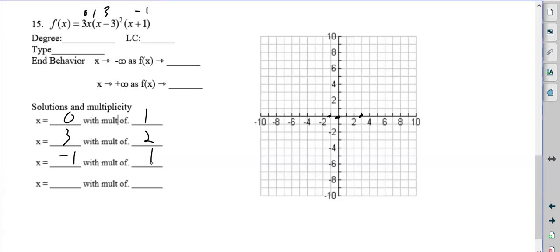We have the degree of 1x, 2, 3, 4. So the degree is 4. The lead coefficient is 3 times 1 times 1 times 1. That's 3. This is a quartic, which means it's going to be a W or an M.